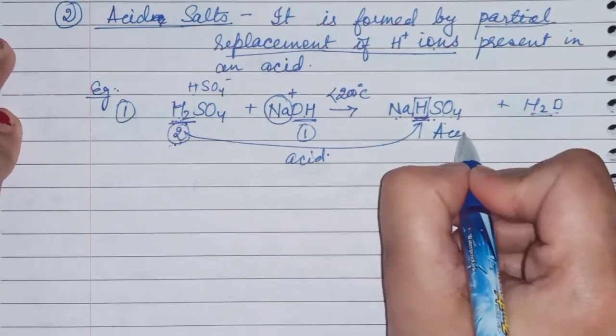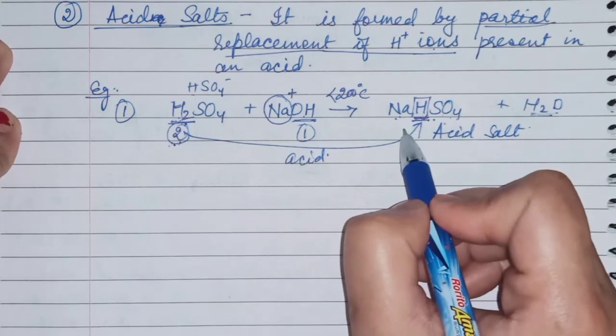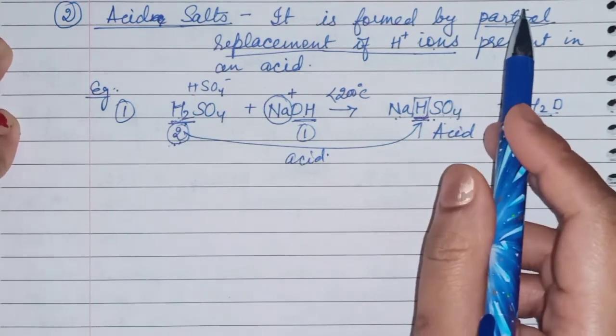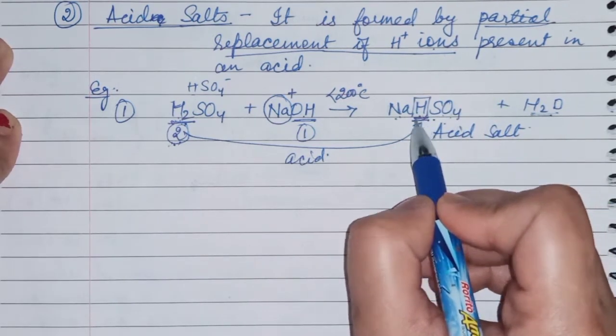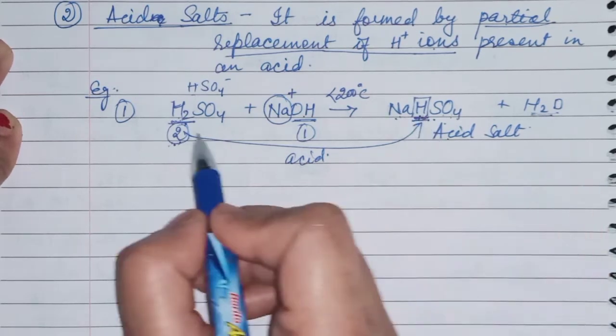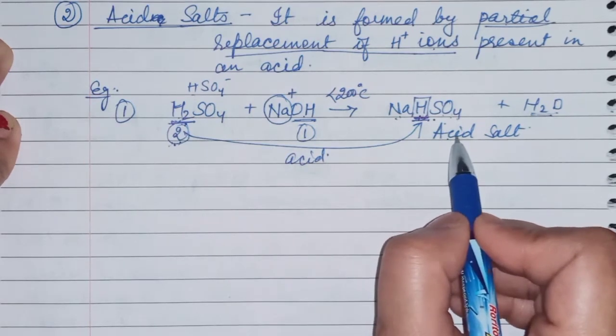That's why it is called acid salt. Now you will be able to identify which salt is acidic and which one is normal. In the normal salt, H is not present. In acidic salt, H is present. And that H is coming from acid. That's why it is behaving like acid.